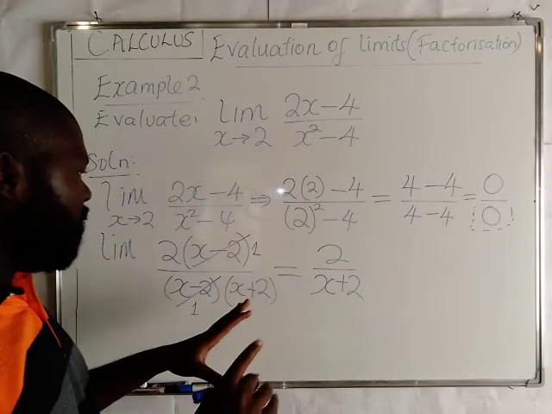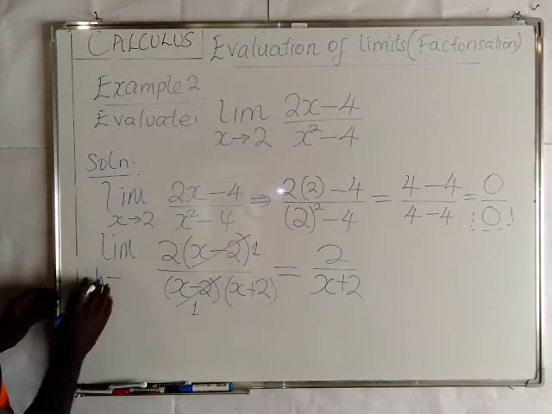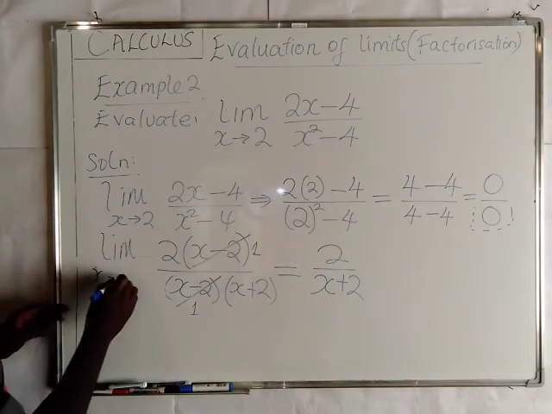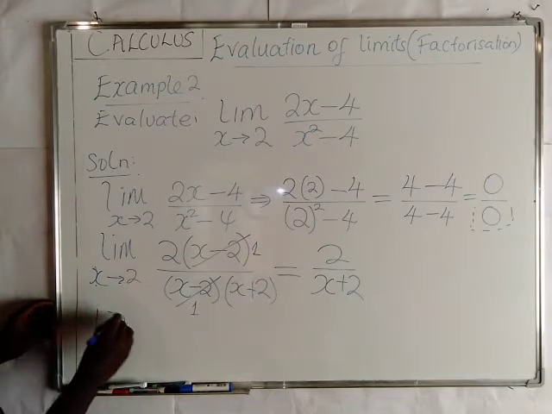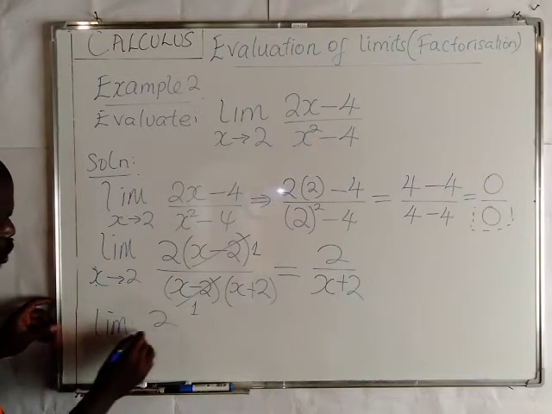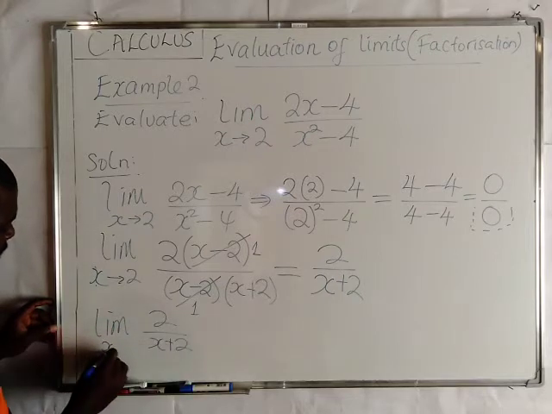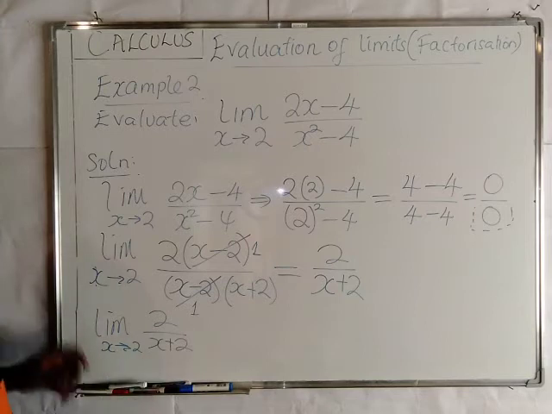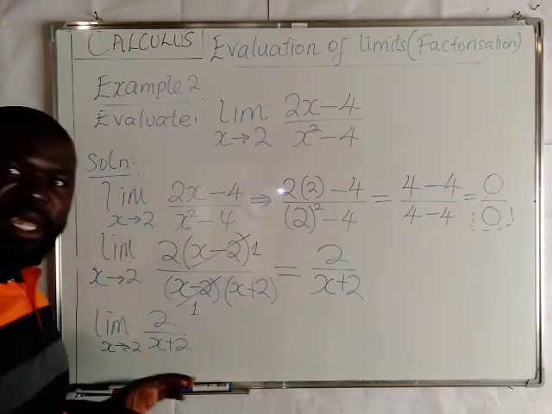So what we have now is the limit of 2 over x plus 2 as x approaches 2. This is now the limit that we finally have.